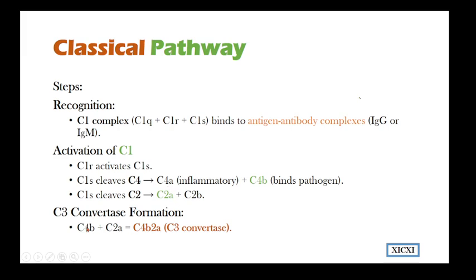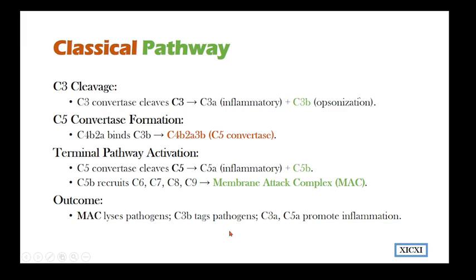Now, what will be the next? C3 convertase formation means this C4b and C2a are going to form what we call C3 convertase. Now, C3 convertase is going to convert C3 into C3a and C3b.